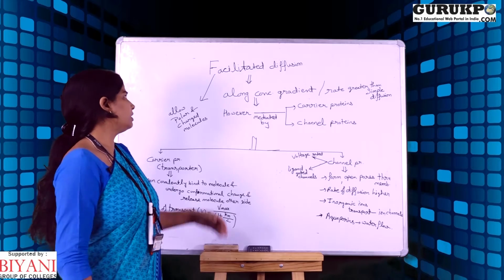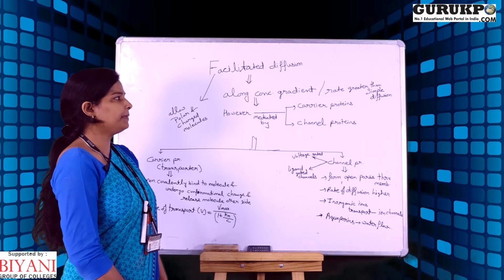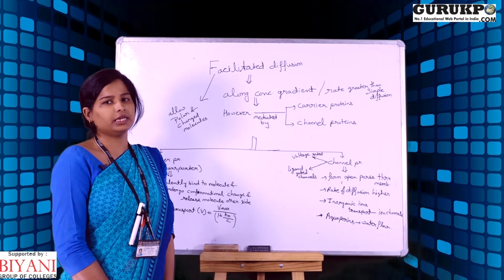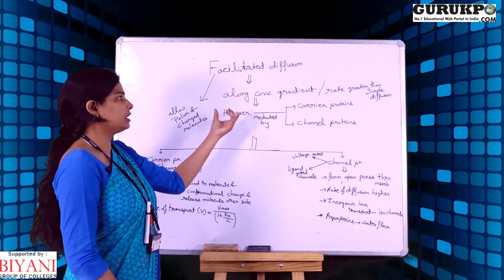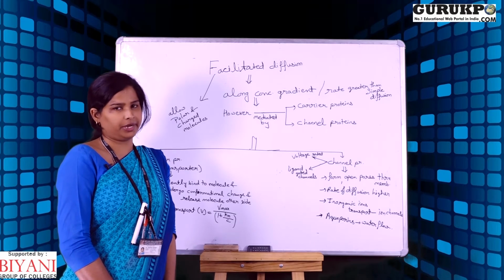Now coming to facilitated diffusion. Unlike simple diffusion, the rate of transport is greater in facilitated diffusion. This also occurs along the concentration gradient across the plasma membrane.